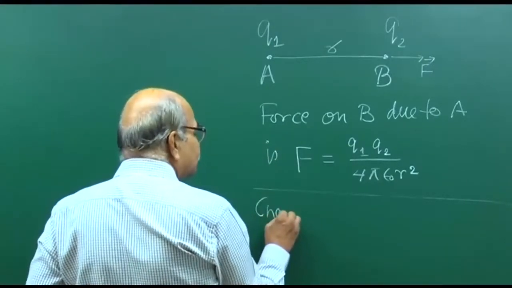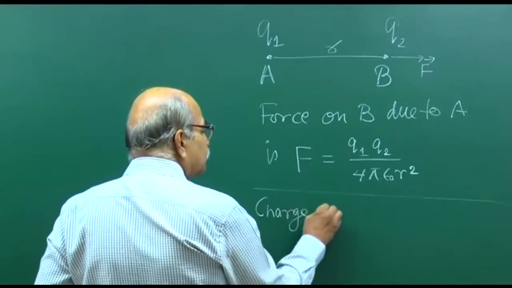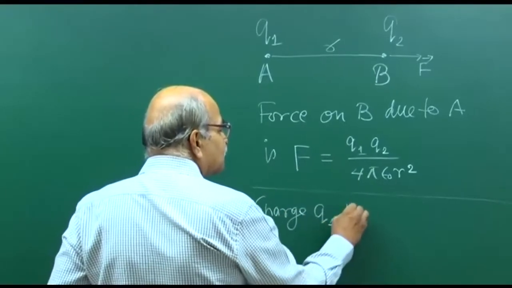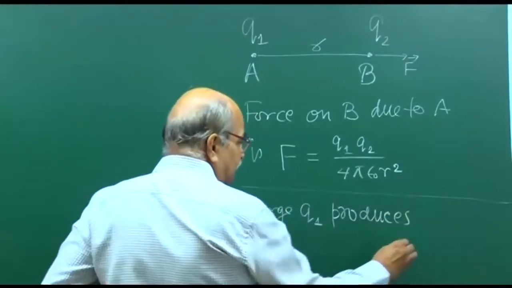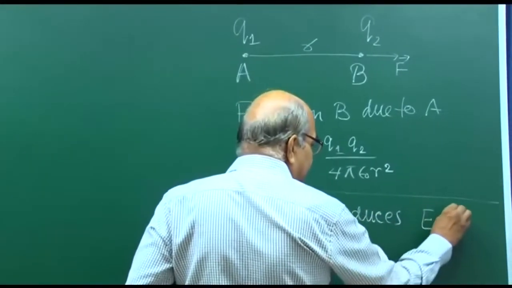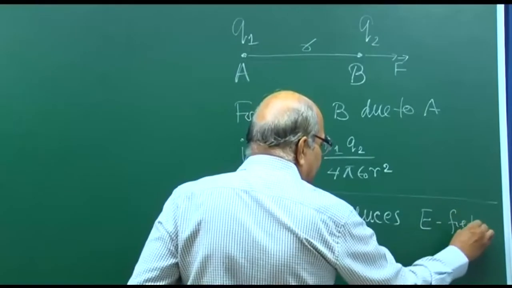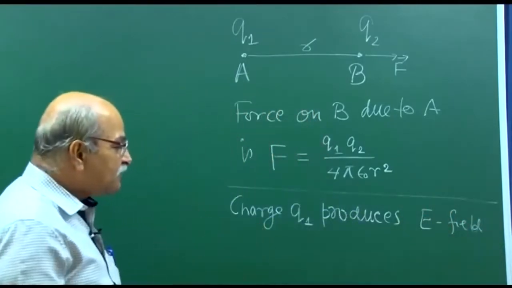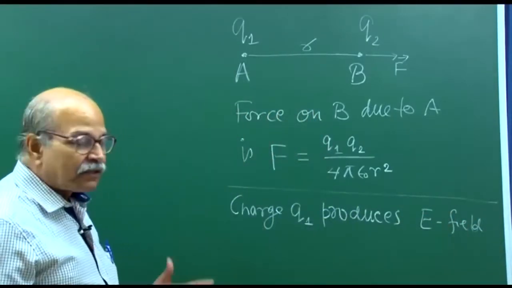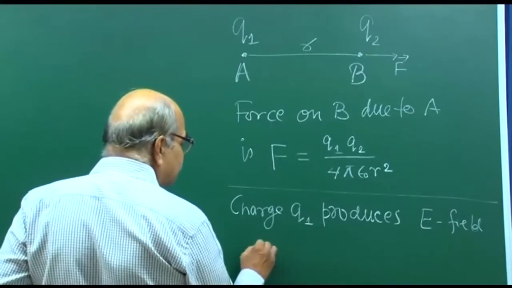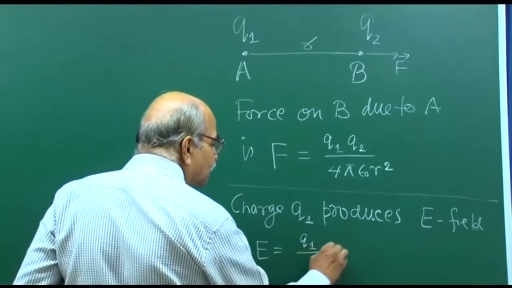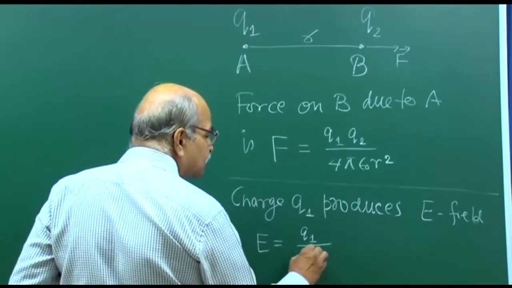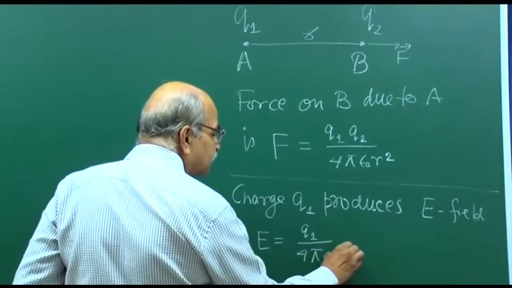Charge Q1 produces electric field. And how much electric field, in which direction? So, the electric field is given by Q1 over 4 pi epsilon naught r square.